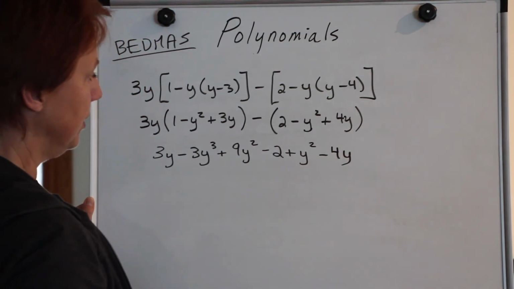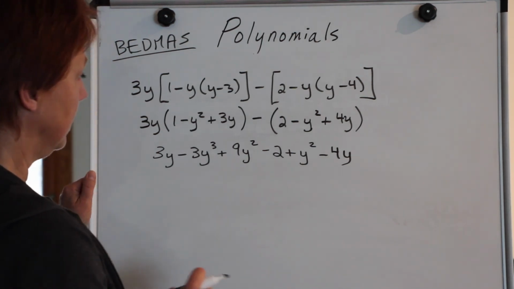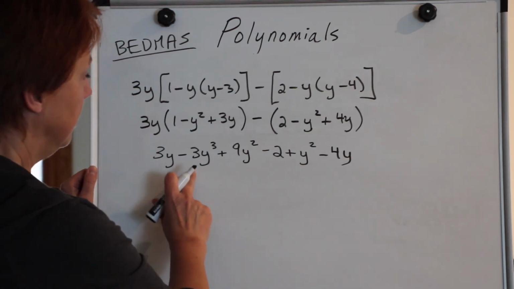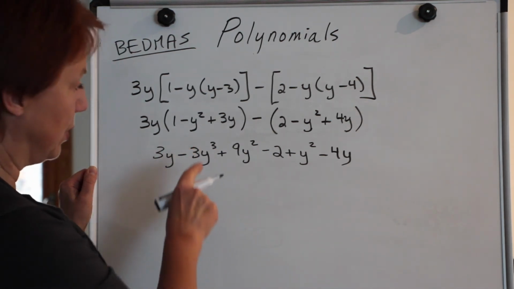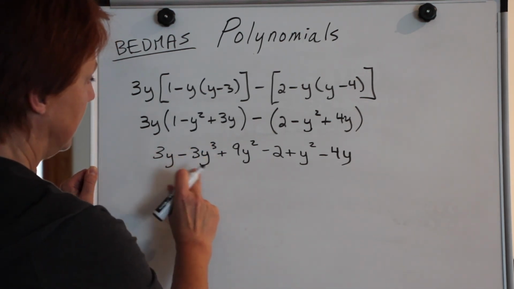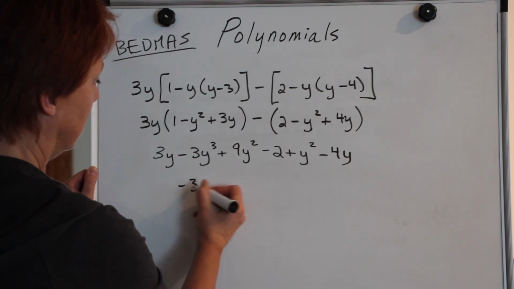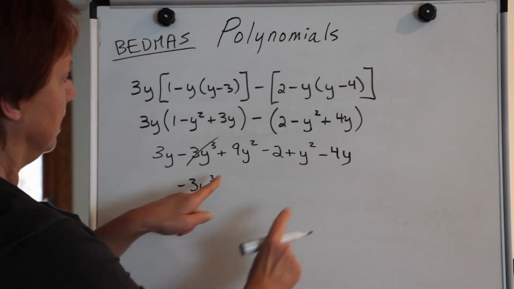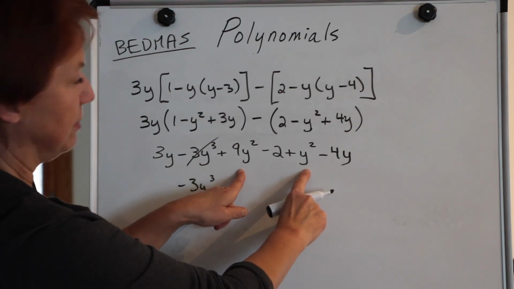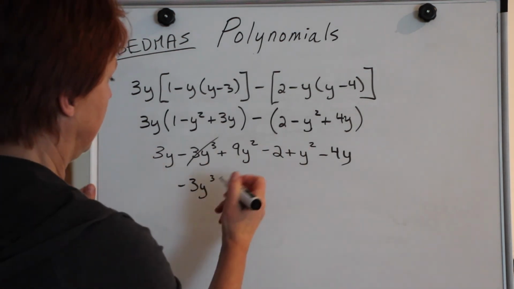Okay, so now we're going to combine the like terms. So convention will have us putting the leading term up front. The leading term is the one with the highest exponent. So that negative 3y cubed will go up front. And you can cross them out if you like as you go. These two are the same type of term. They're both y squared.